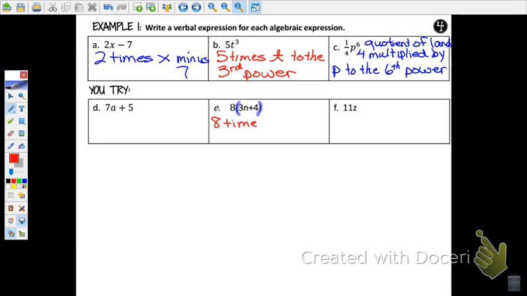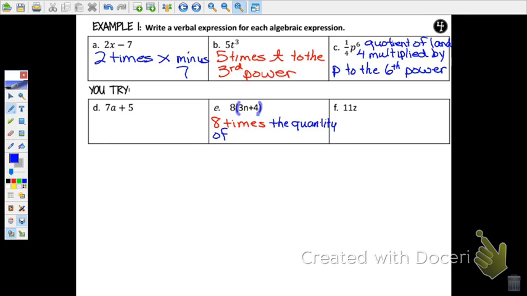times. When I get to parentheses, for parentheses, I want to use the phrase, the quantity of. Okay, the quantity of. So if you see parentheses, you need to think of the words the quantity of, and vice versa.